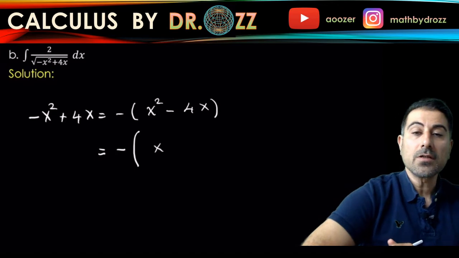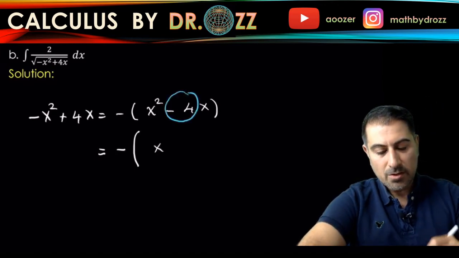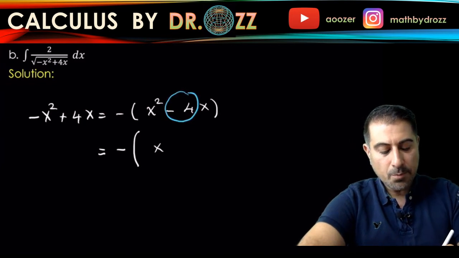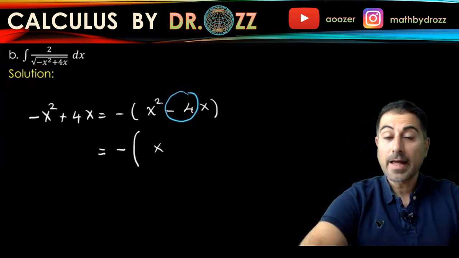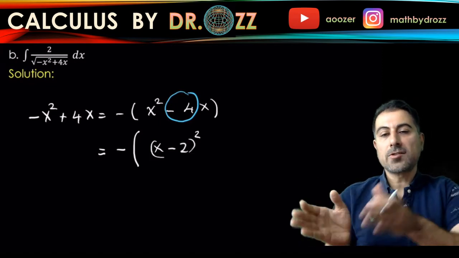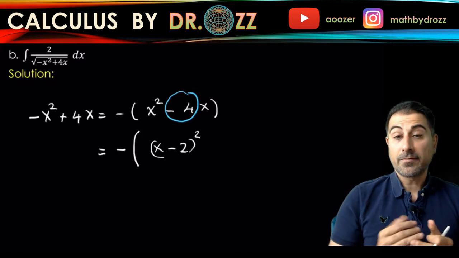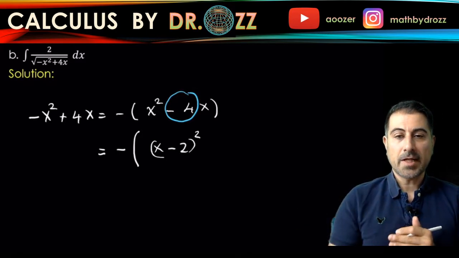But the coefficient of x is negative 4, so half of that is negative 2. So this term is going to be the perfect square of x minus 2.